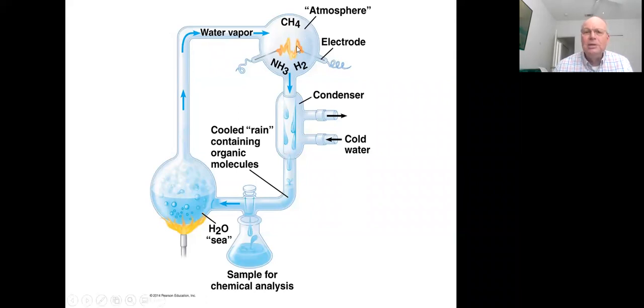enter the experimental chamber. In that chamber, Miller placed the gases methane, ammonia, and hydrogen. Why? Because Haldane and Oparin considered that these were the gases that likely formed the Earth's simple atmosphere early on, because these gases are present not only in our solar system, but everywhere in the universe in large amounts.